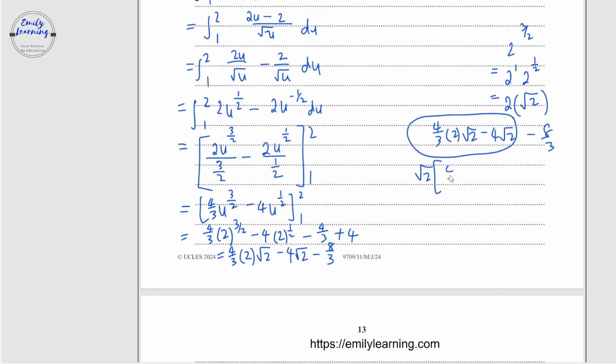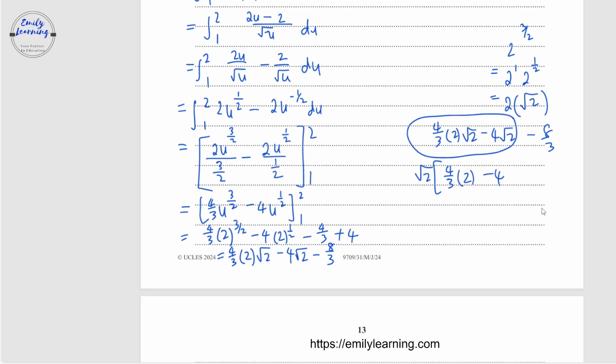I'll have 4 over 3 times 2 minus 4, right? Okay, so 4 over 3 times 2 minus 4 is negative 4 over 3. Sorry, this plus. Okay, minus 4/3 plus 4 is positive 8 over 3.